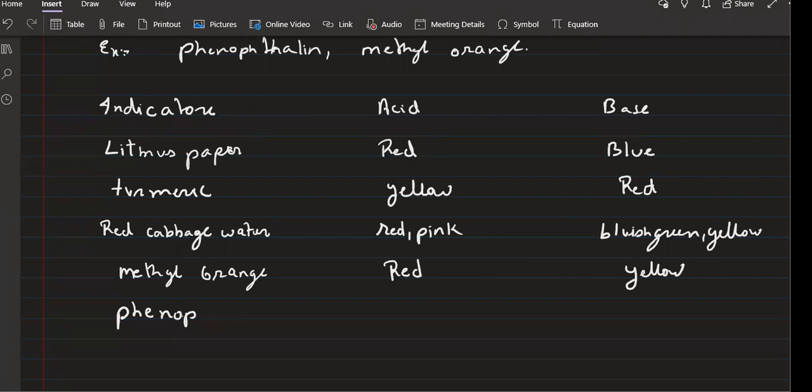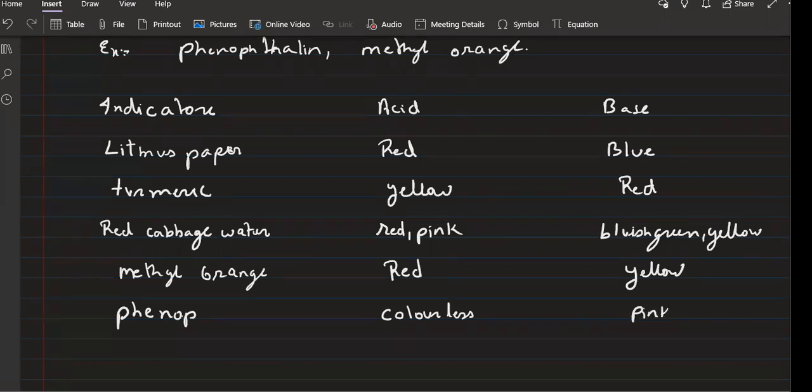So phenolphthalein is actually colorless. In case of acid, it will be colorless. But in case of base, it will be blue in color, or actually purple or pink. It's pink.